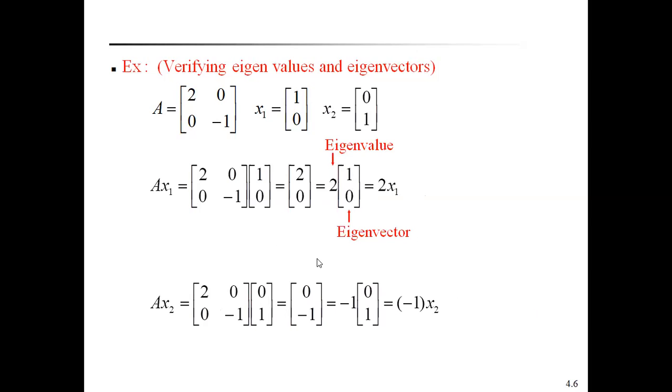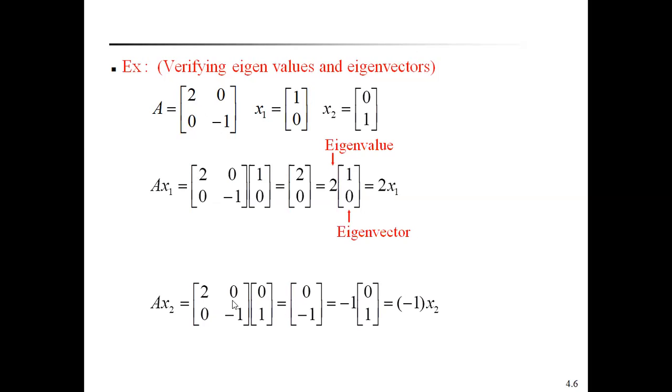Similarly, you can verify the second column vector x2. Is it an eigenvector or not? For that, we have to verify Ax2. A is the given matrix 2, 0, 0, minus 1. What is the x2 vector? Column vector 0, 1. Now multiply these two.